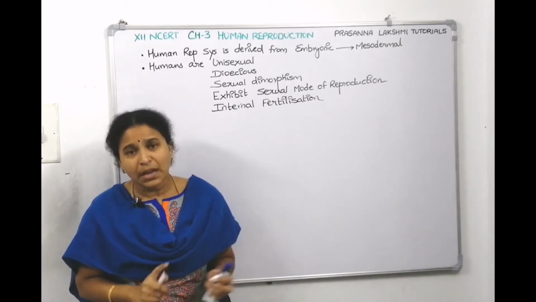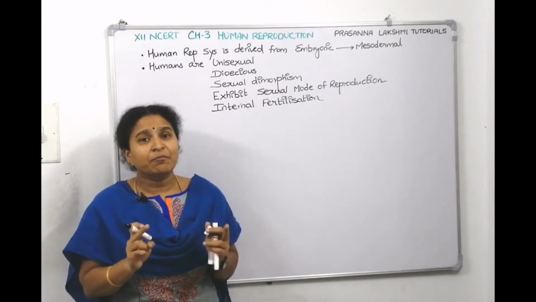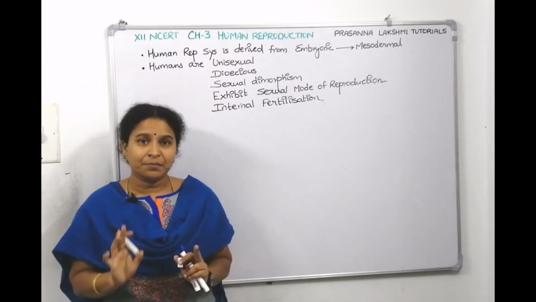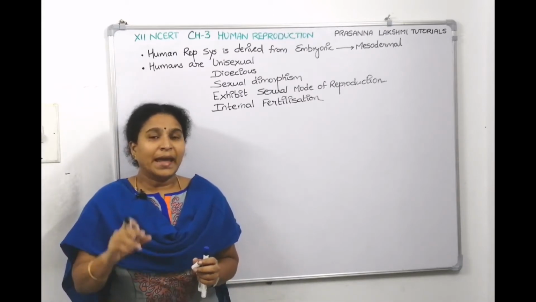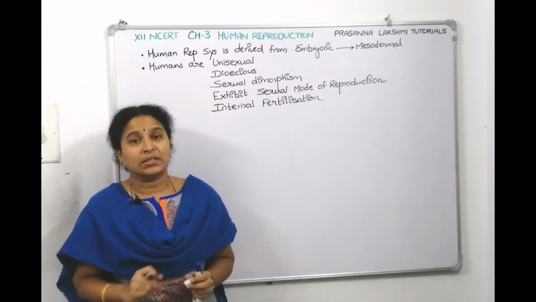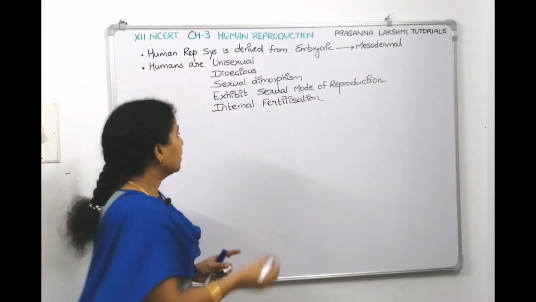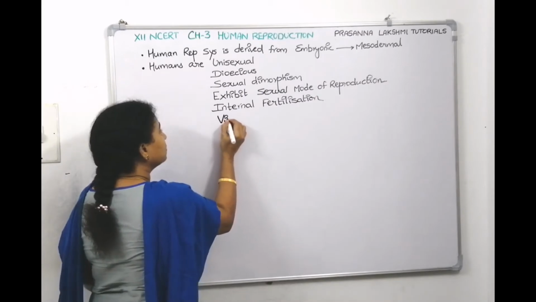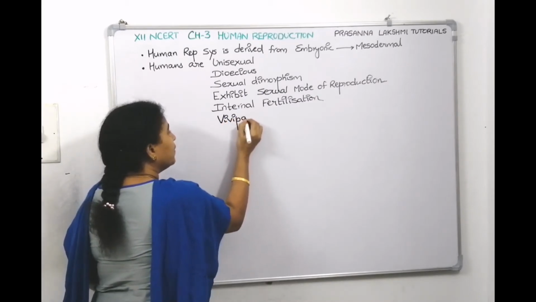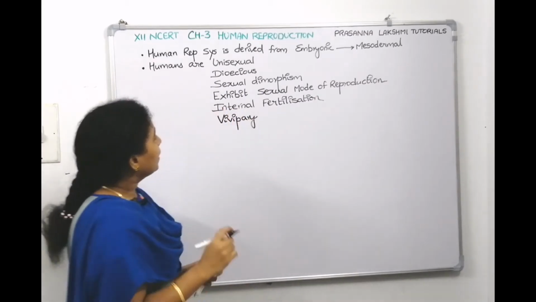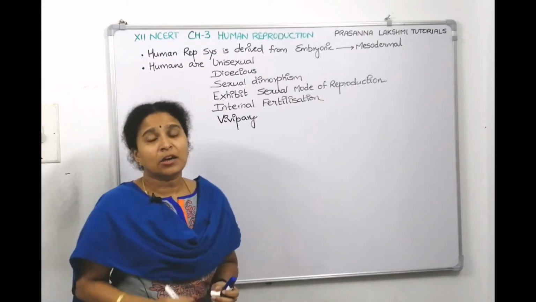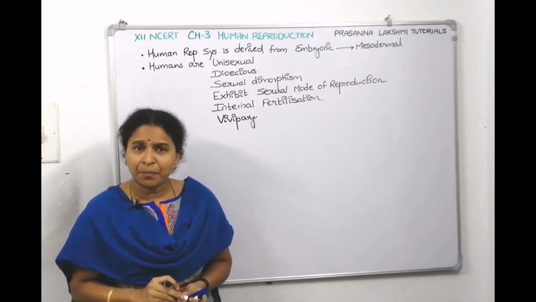And then humans, they give birth to the young ones, right? So what is that called? Egg laying animals are called oviparous, but we give birth to young ones. What is that called? Vivipary, right? So let us keep that word also. Vivipary. Then direct development or indirect development? Is there any larval stage in our development?